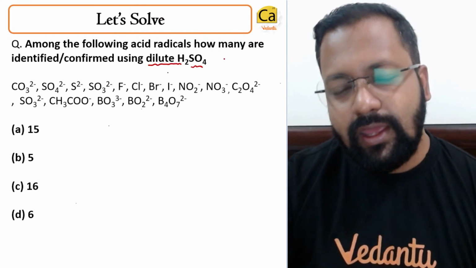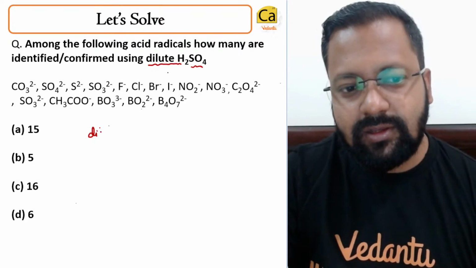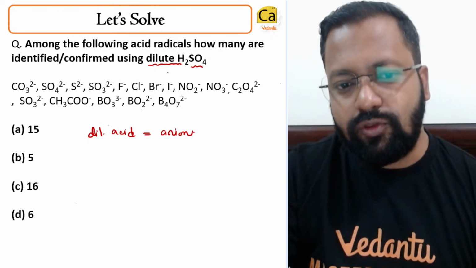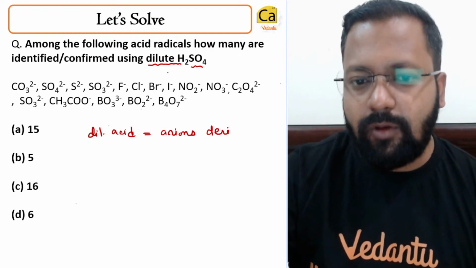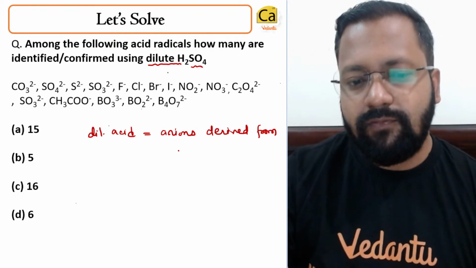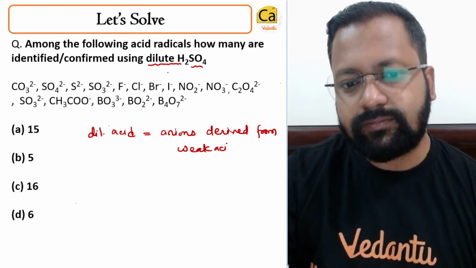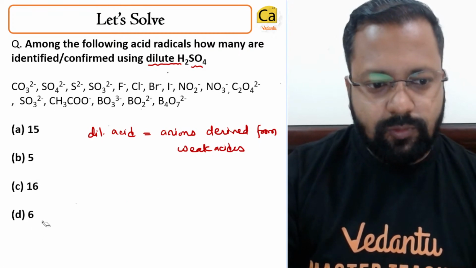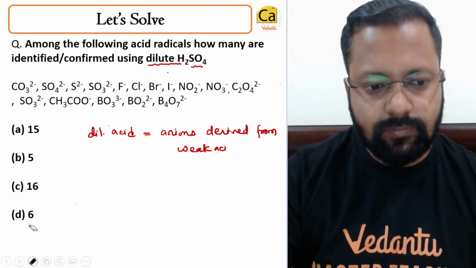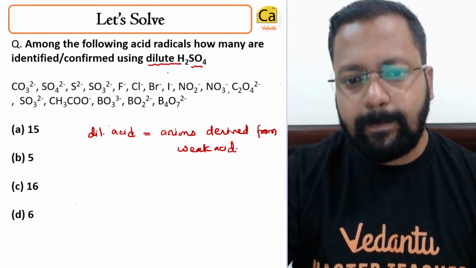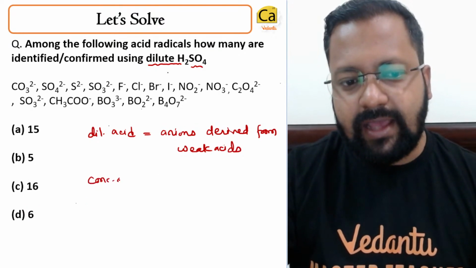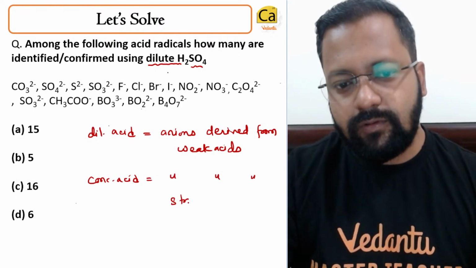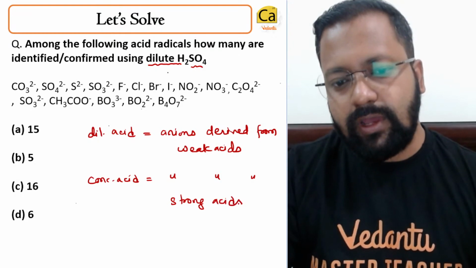And the concentrated acid group contained those anions derived from strong acids.